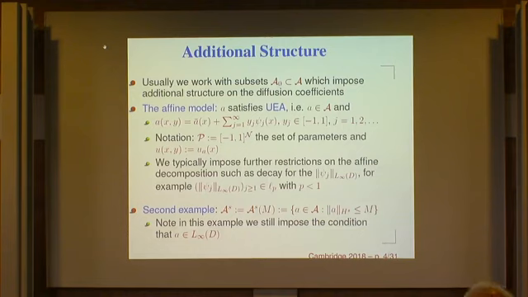Okay, the second class of examples that I'm going to engage here is, so forget now affine and just say, let's put some smoothness on the A, the diffusion coefficient. And so I'll measure smoothness in the Sobolev spaces HS, which are the L2, s derivatives in L2, right? That's what HS is.